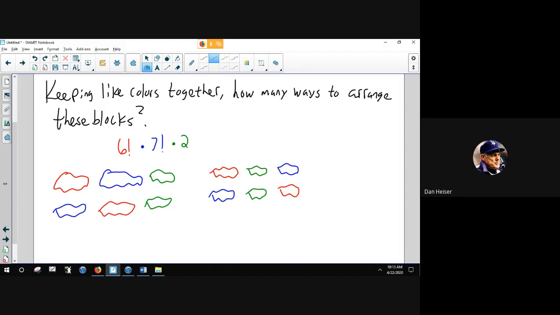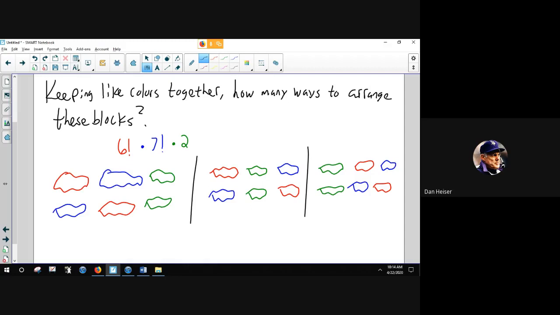Or we could have green first, red, blue, or green first, blue, red. Those are 6 different ways we can arrange the groups of blocks.